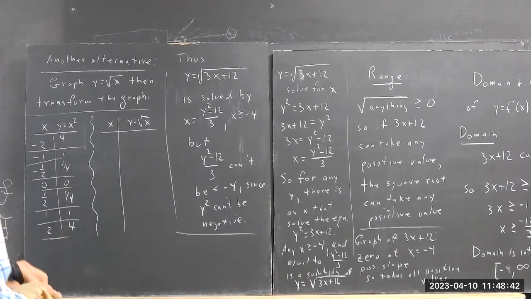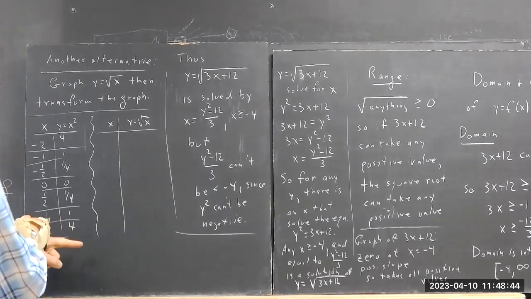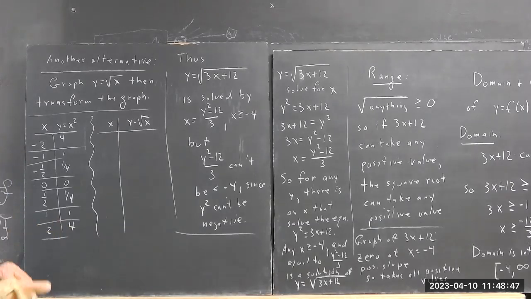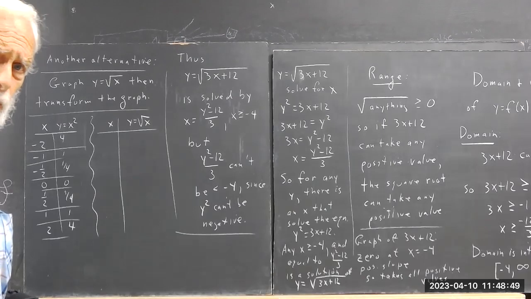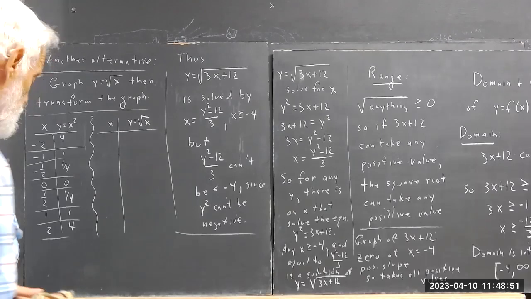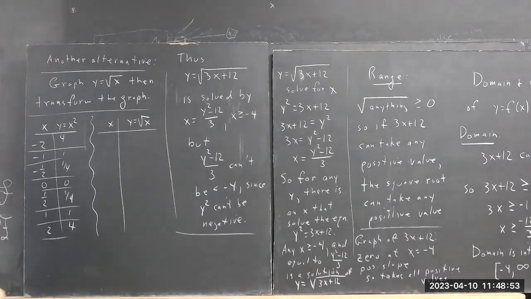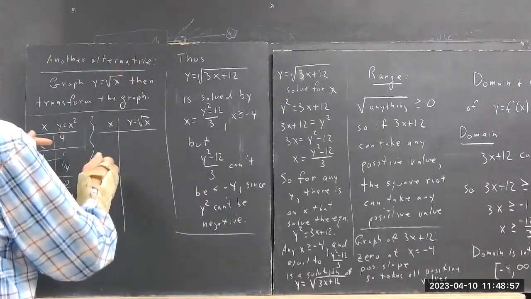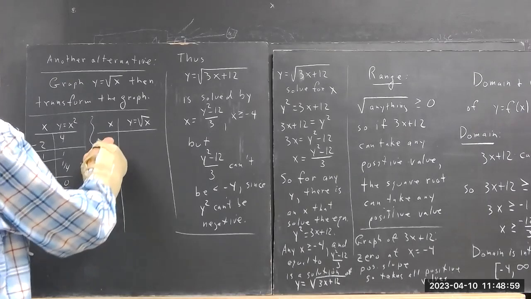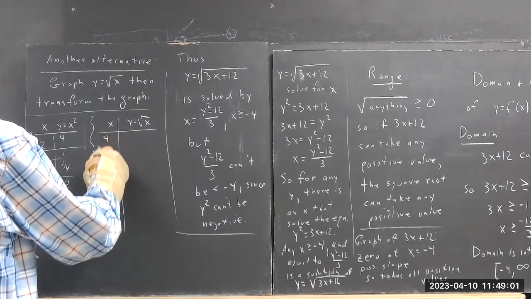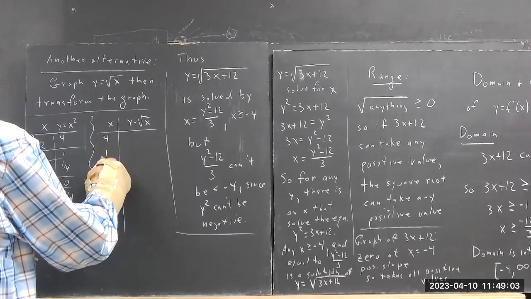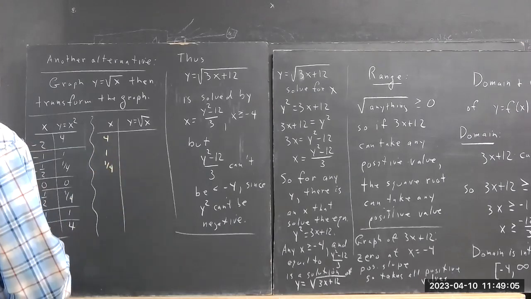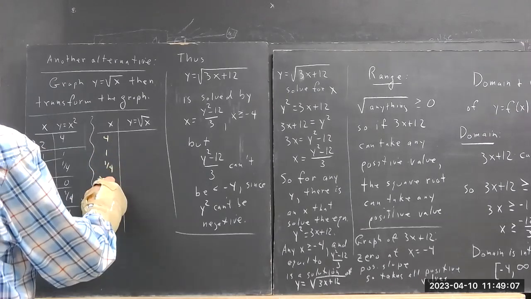And what an inverse function does is it just flips the columns. It exchanges the columns. So we talked about that? I don't think so. Okay, so in yellow chalk, I'm going to write down some of the values in the column in yellow. Then I'll write the rest of them in white.